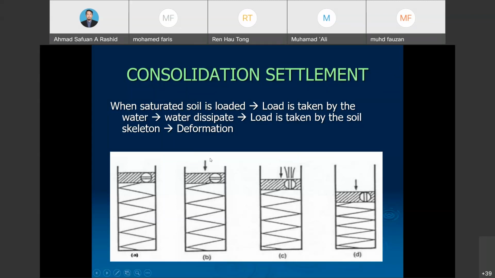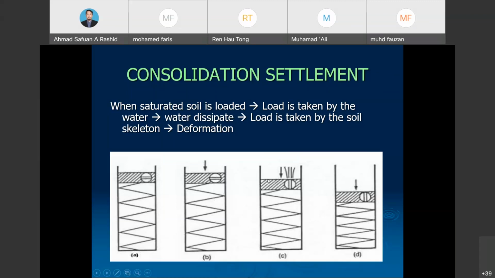So when we apply a load on the top of this piston, without opening the valve, there will be no significant changes of the soil volume. So this we can say it is an immediate settlement.